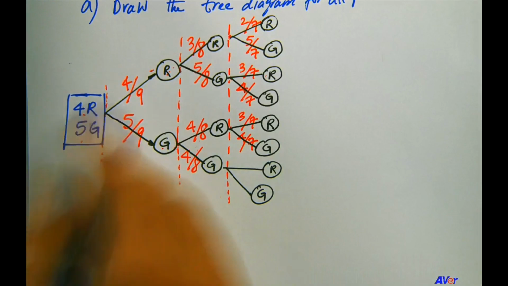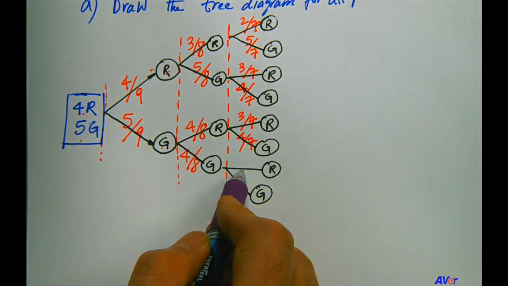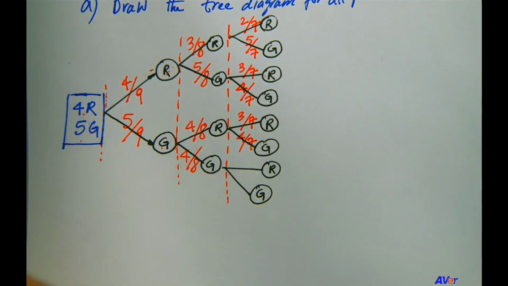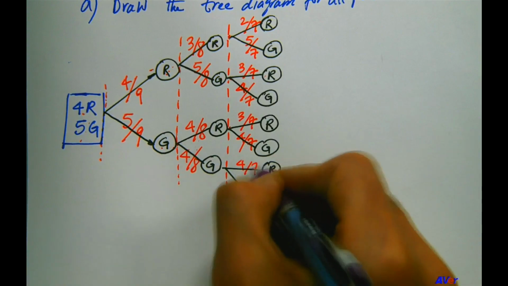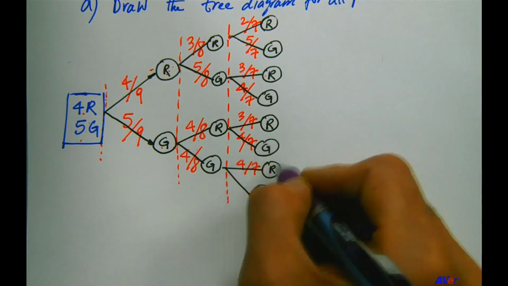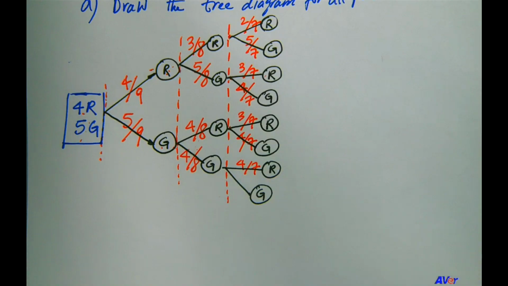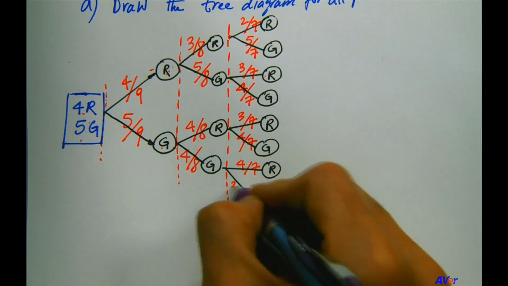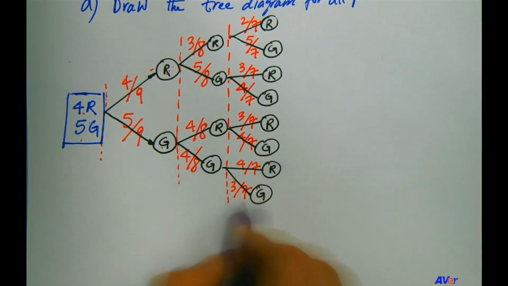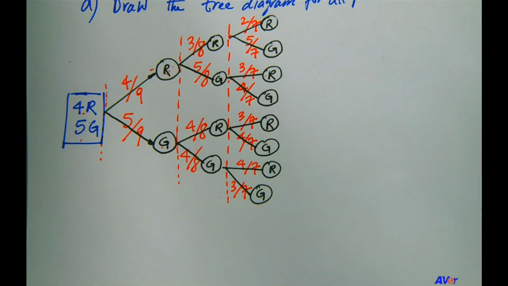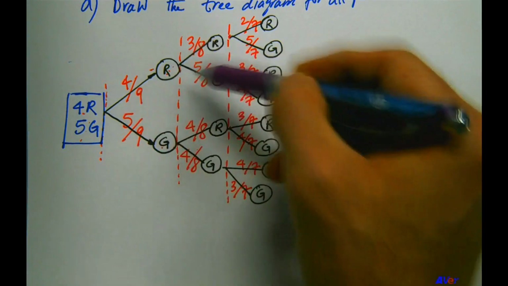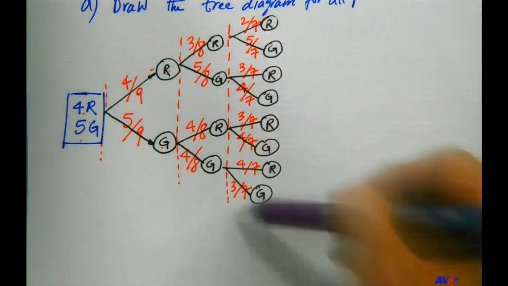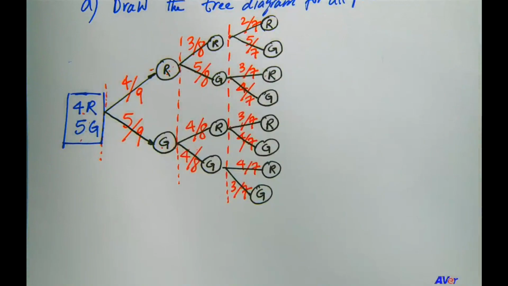So we have a total of 7 objects left, and all the red ones are still in there. So 4 out of 7 is the probability of getting a red object now, and the rest, 3 out of 7, is the probability of getting a green one out.